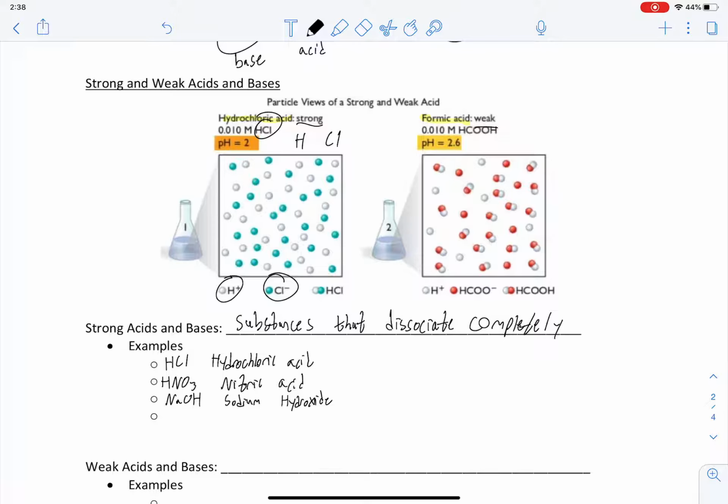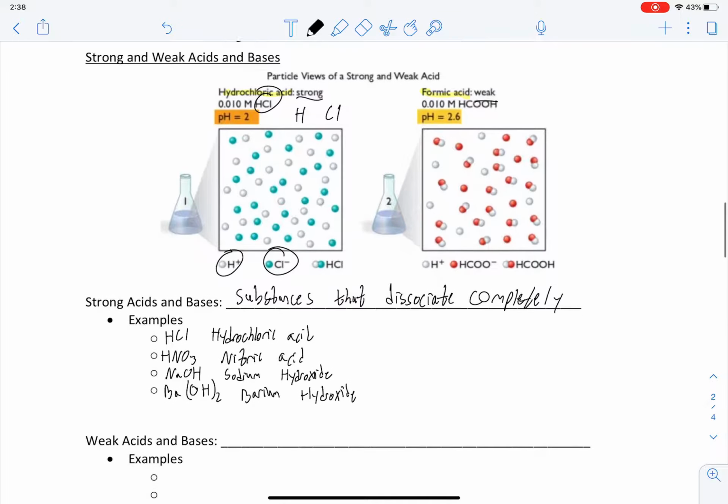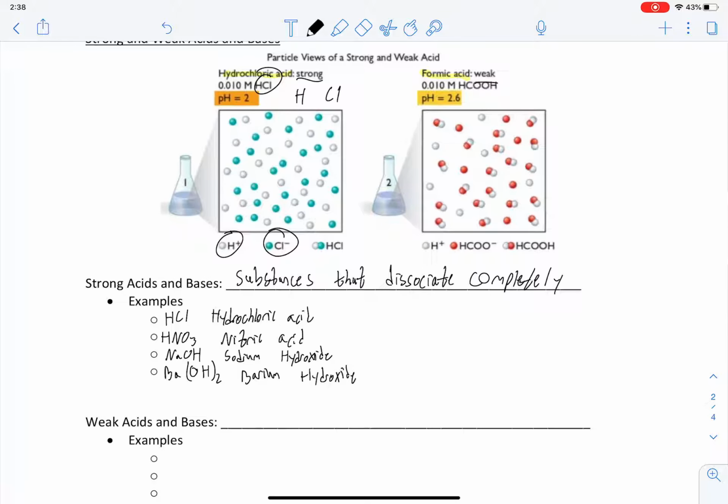And barium hydroxide. All right, so strong acids and bases, they are dissociating completely. Okay, so the further we get away from that 7 on the pH scale, the further over here and here we have strong bases and strong acids.